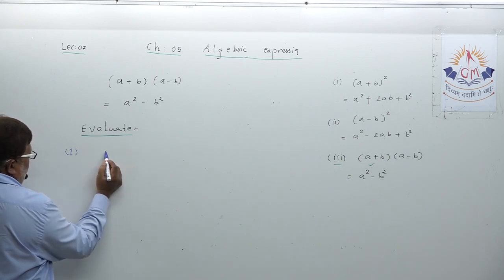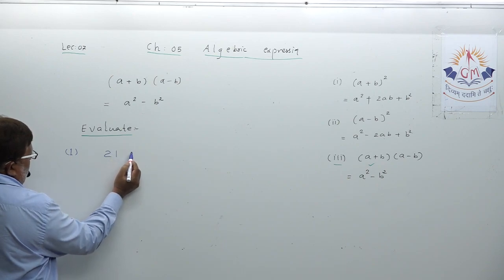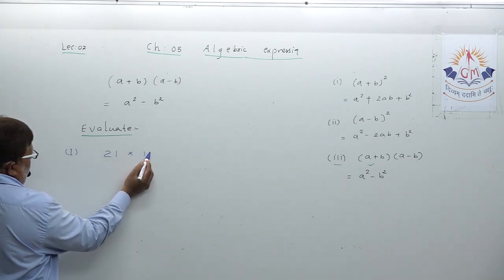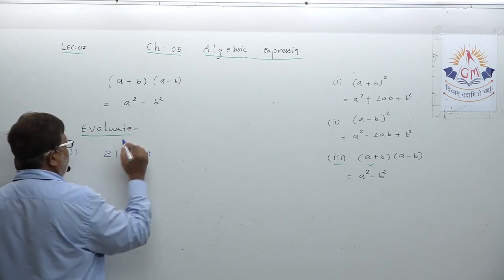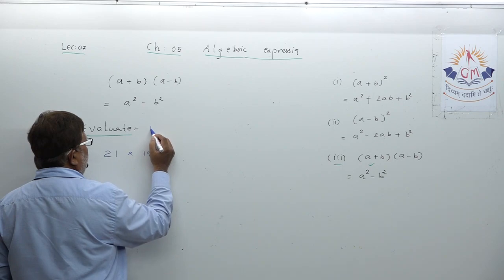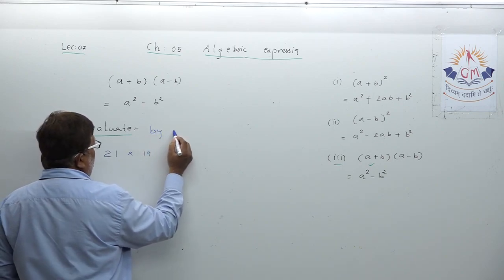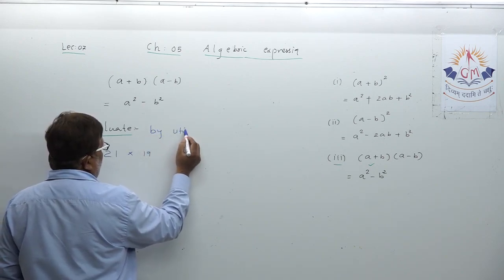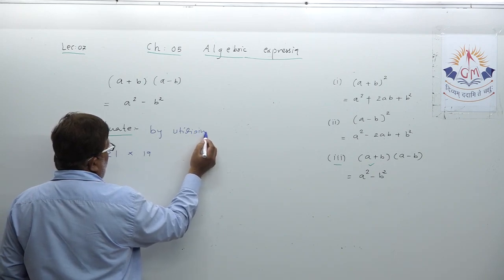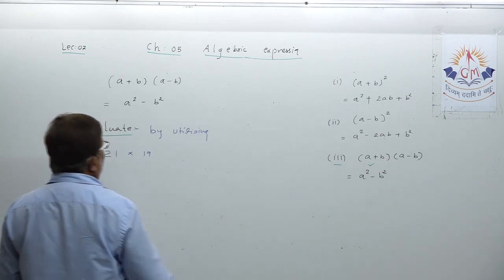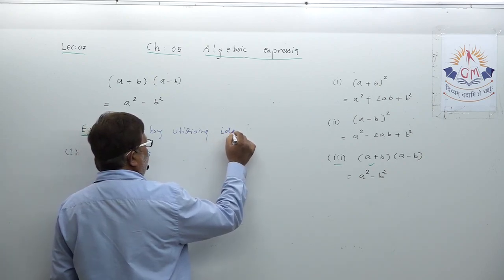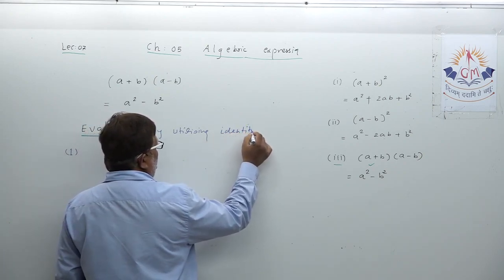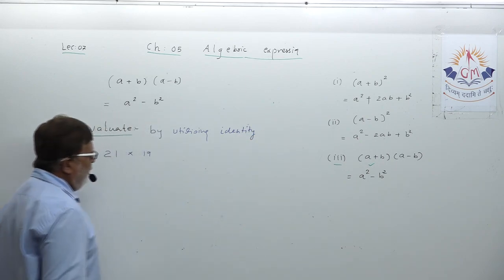Suppose I give 21 multiplied by 19, and in the exam the instruction is like this: evaluate by utilizing identity. This is the instruction, by utilizing identity.